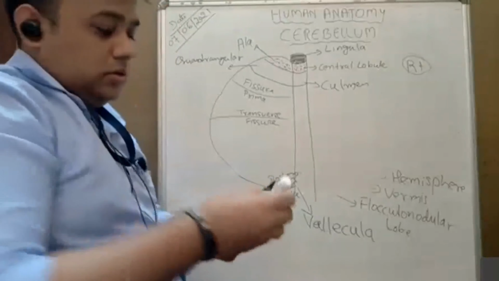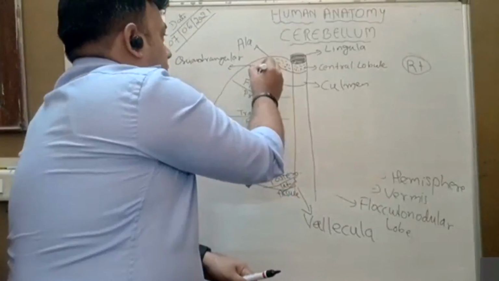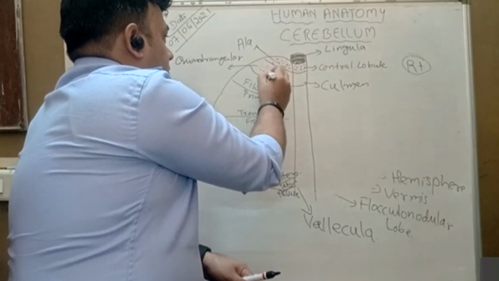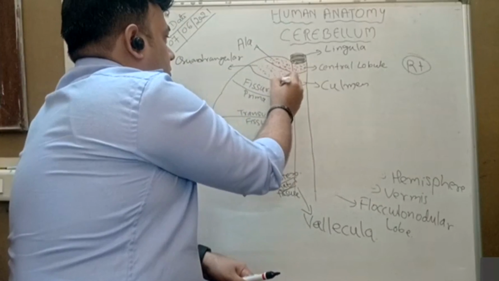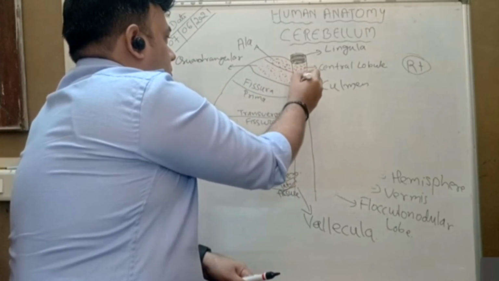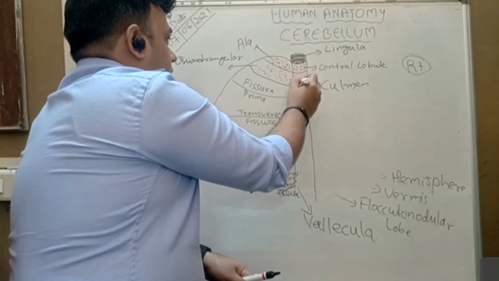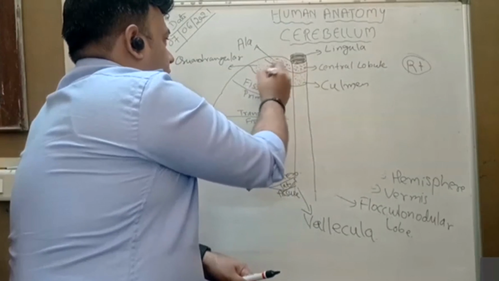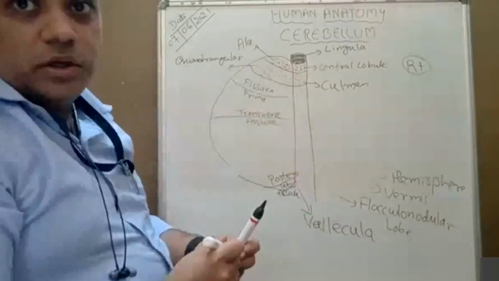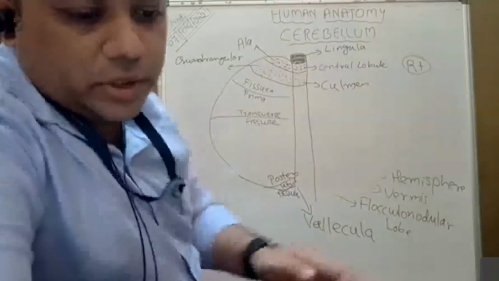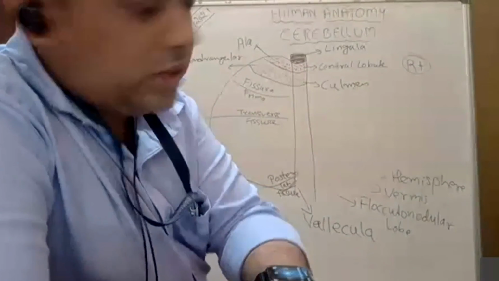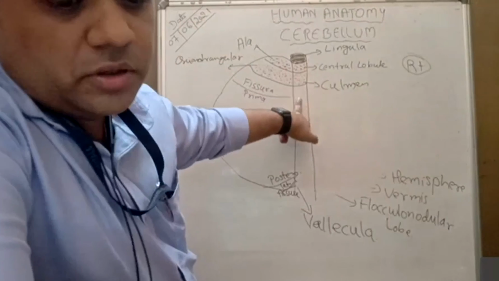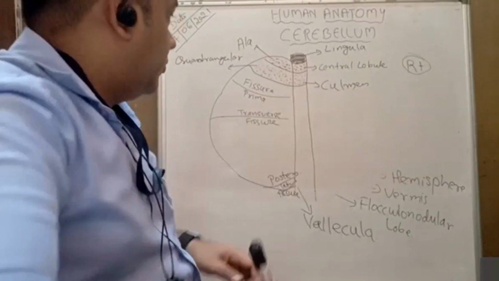Again, I will draw it with red dotted markings. Later, I will tell you why I am using different colors. Then the third one, or fourth in the vermis, the fourth one is coming is the declive.